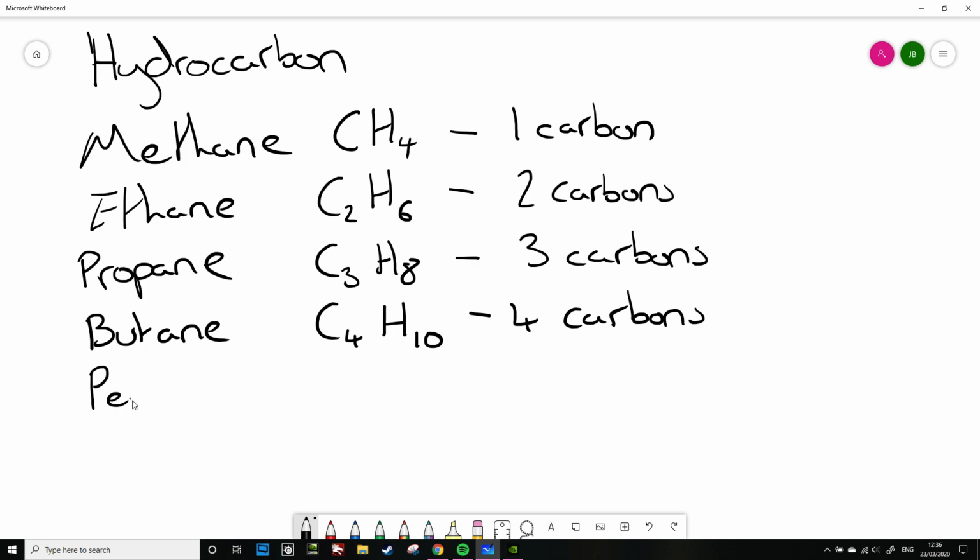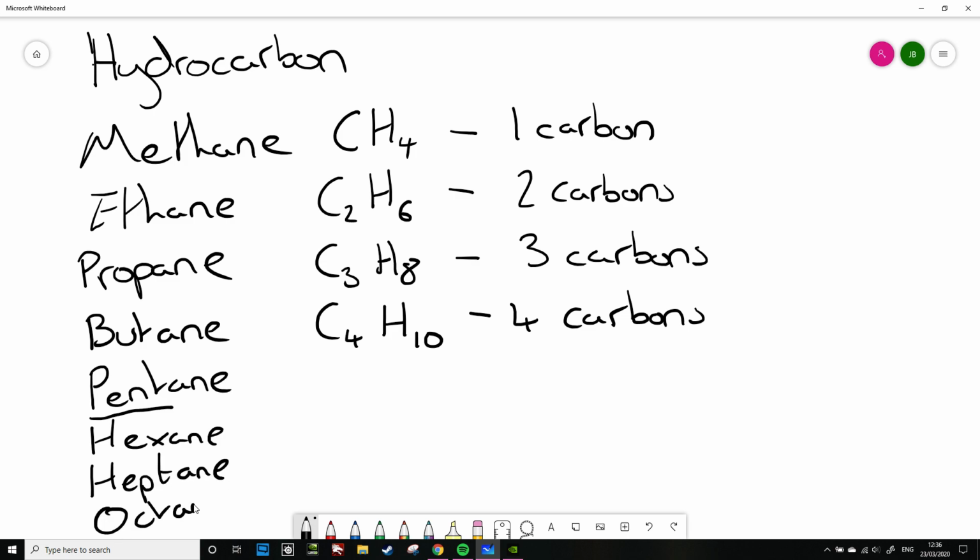We've got pentane, so pent being 5, hexane, heptane, octane, oct being 8. So if I'm going to draw out this one, as I drew out on the last page, and I'll show you. So we've got 1 carbon, 2 carbons, 3 carbons, 4 carbons.